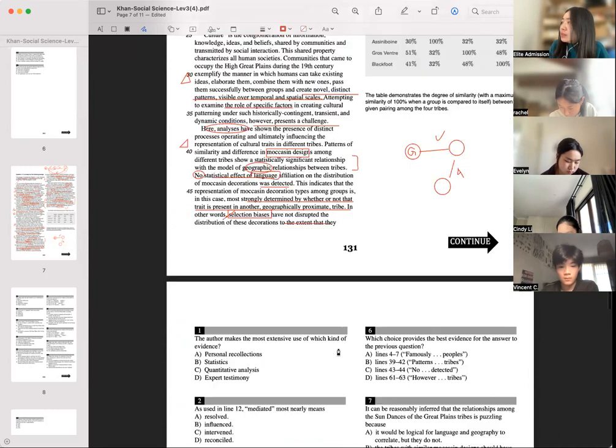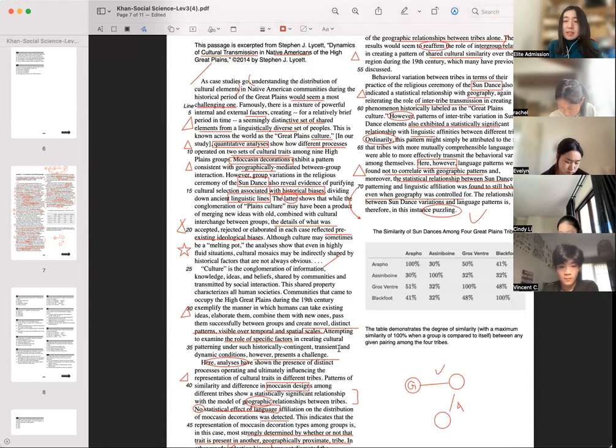If we look at that again, think about it related to the first introduction. Sundance also reviews evidence of purifying culture selection associated with historical bias, dividing down ancient linguistic lines.